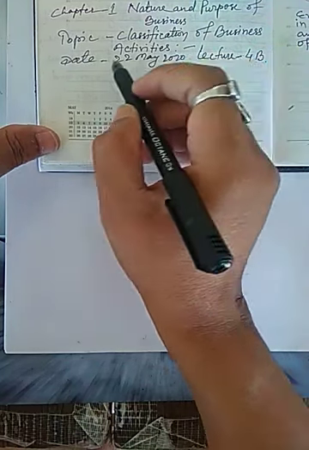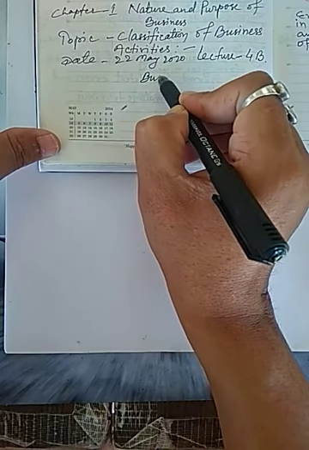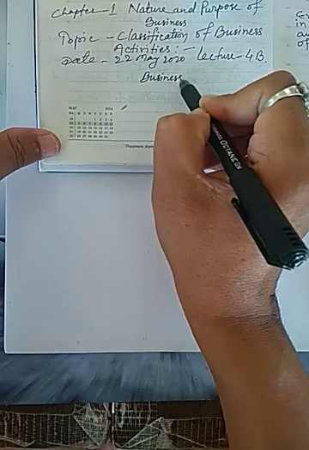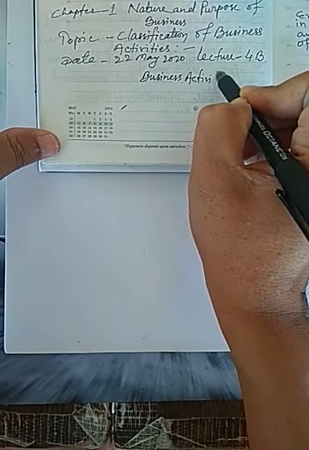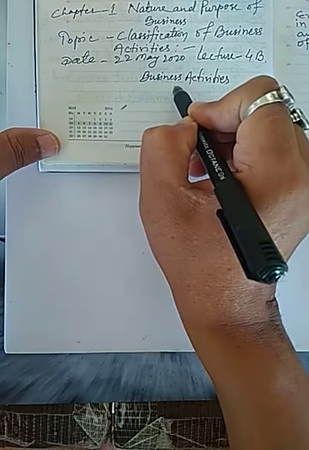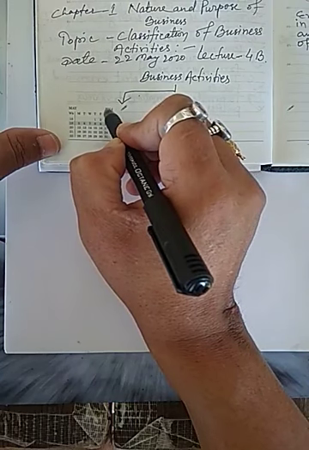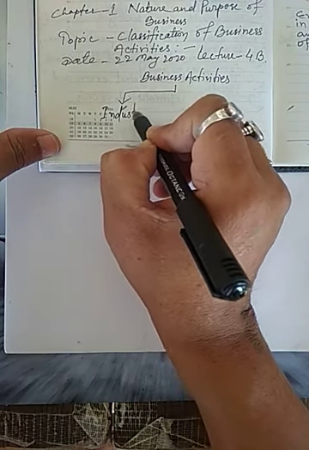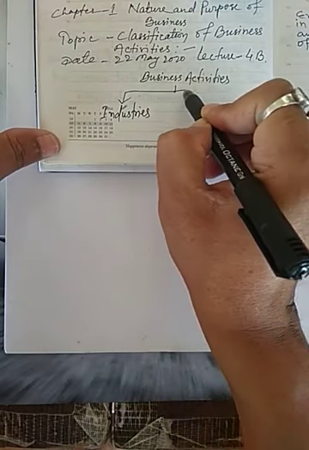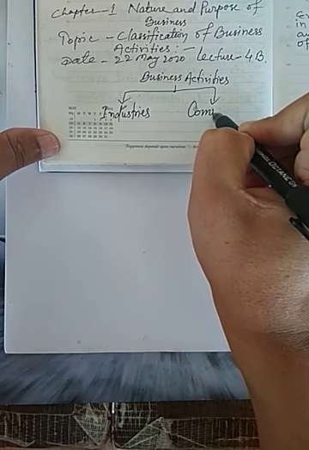These are industry and commerce. Business activity is divided into two parts. First is industry and second is commerce.